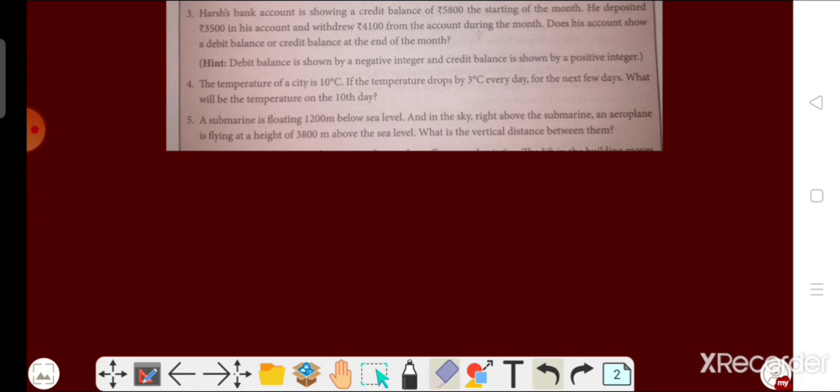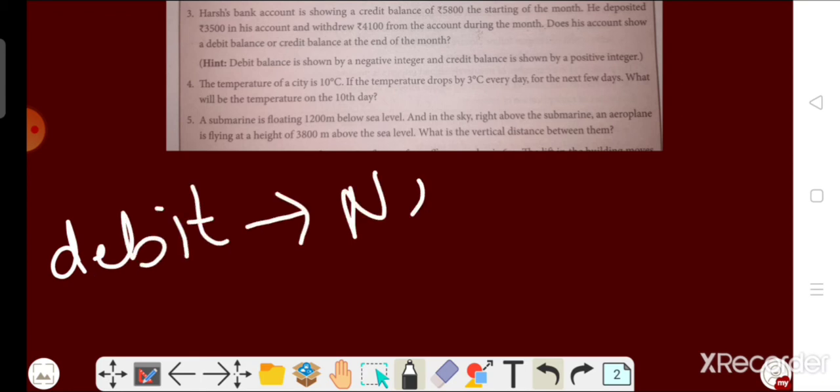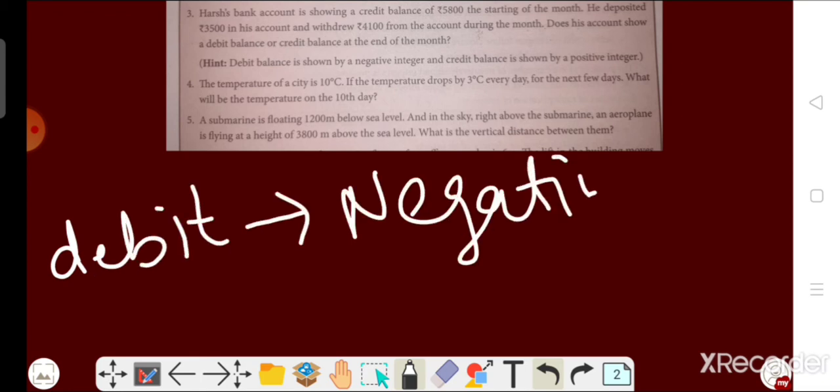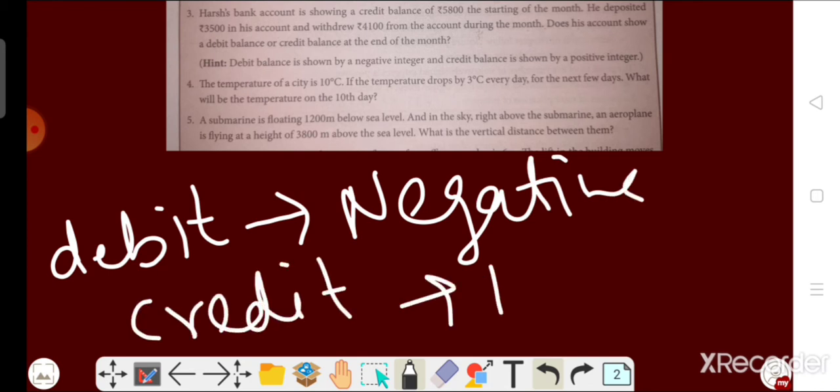Okay, what is the meaning of withdrew? To take out the money from the bank. And we have to check whether the amount at the end of the month is a debit balance or a credit balance. Debit balance means, beta, debit means negative balance, and credit means positive balance.